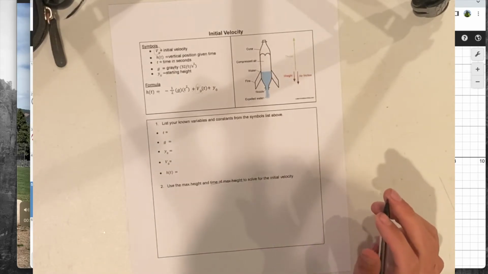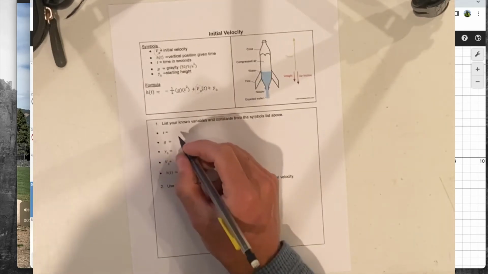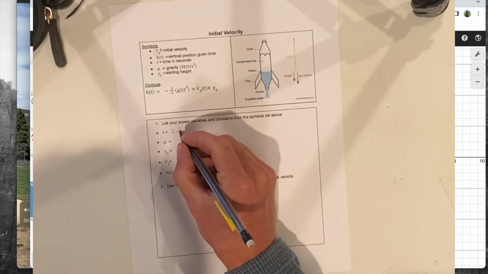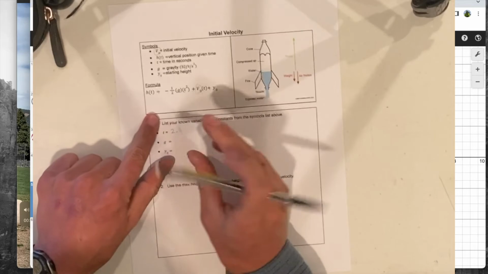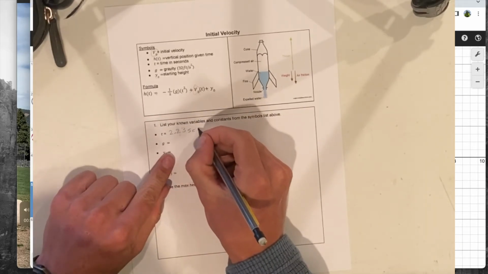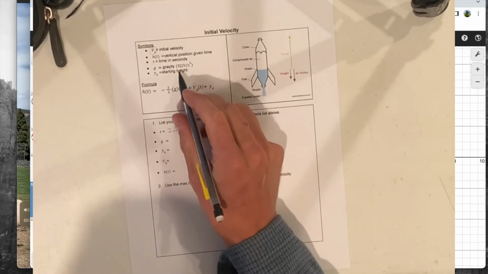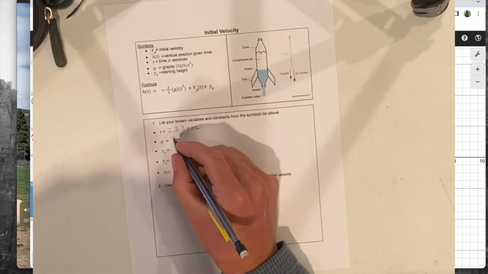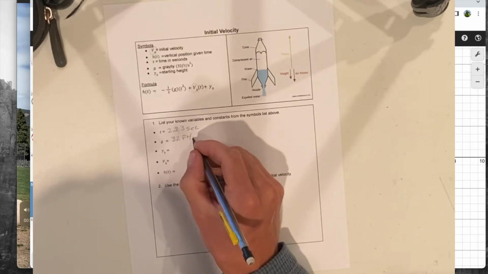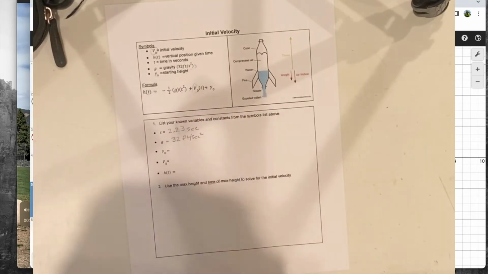And so we already figured that out earlier. Our time of max height is going to be 2.23 seconds. So I'm going to put 2.23 seconds in for my time. That's what I know. And gravity, we know, is 32 feet per second squared. I got that from above, that's given to us.